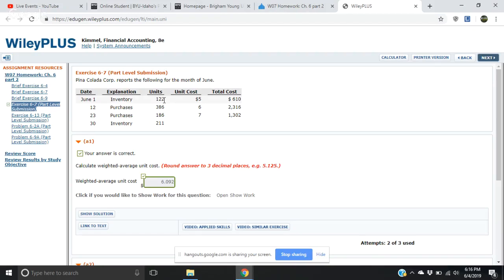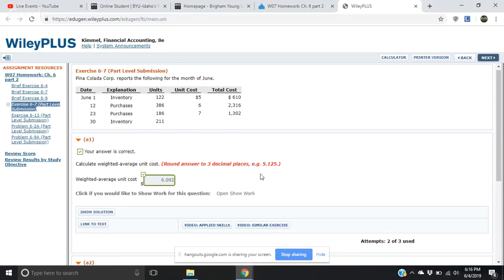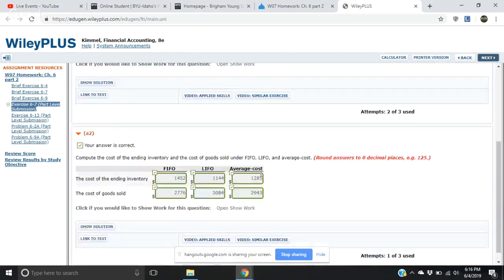And so 89 times the unit cost of 6 is 534. And when we add 610 and 534, we get the sum of 1,144.